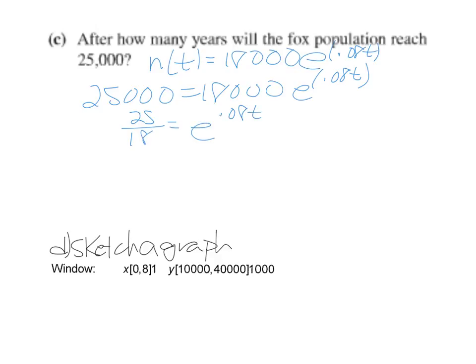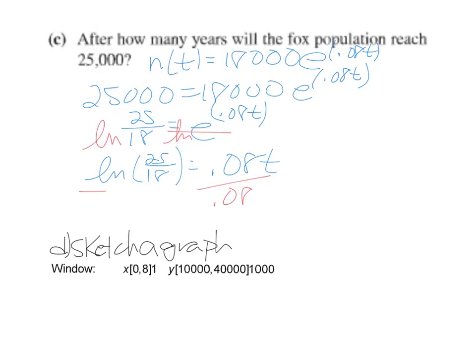Now we need to get rid of e, and remember natural log gets rid of e. So we've got the natural log of 25 over 18 equals 0.08t, and divide both sides by 0.08. And you end up with 4.11 years.